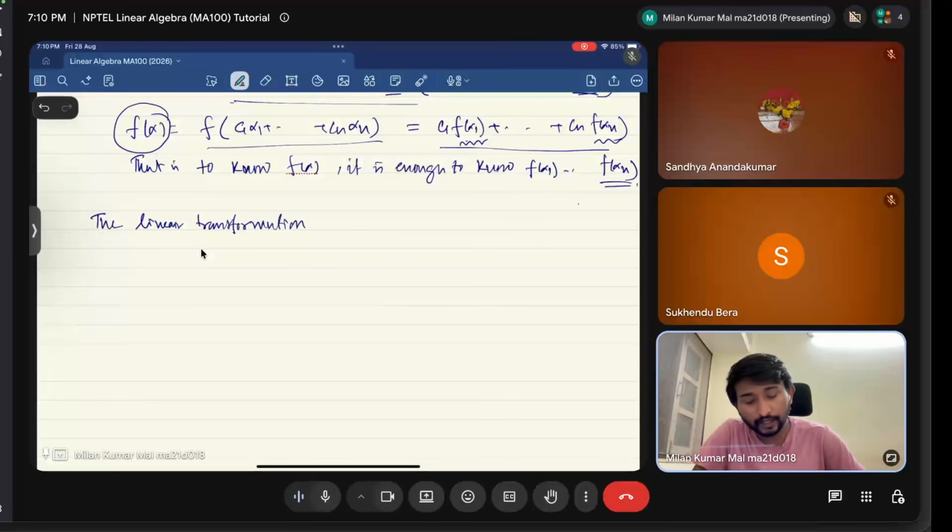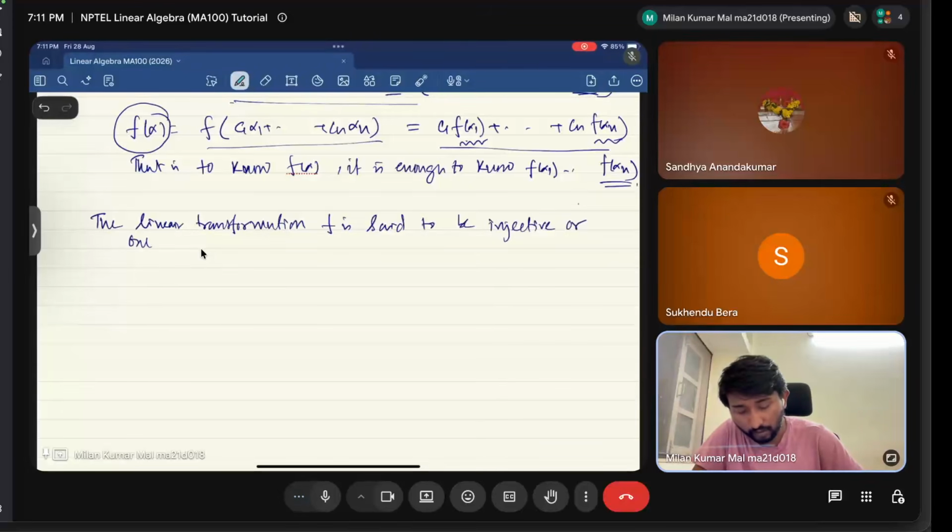A linear transformation f is said to be injective or 1-1 if f of alpha equals 0 implies that alpha equals 0, for any alpha belonging to the vector space V.